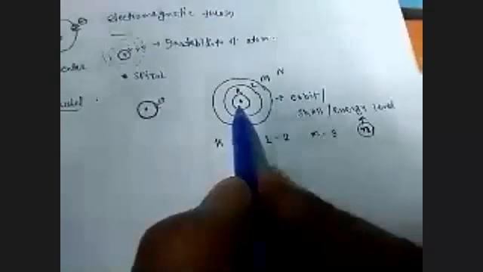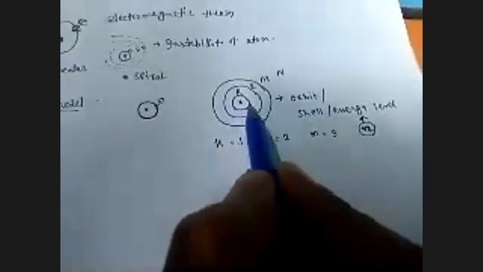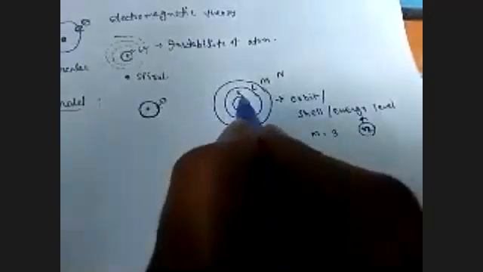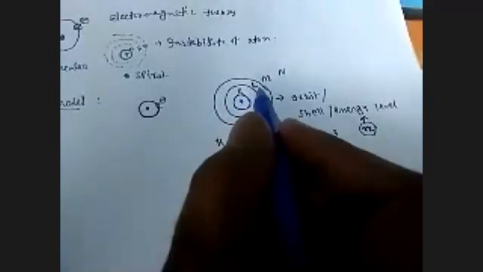Now he tells that the energy associated with the cell, that is the energy of this energy level, is different from its neighbors. That means the energy of the K cell is different from the energy of the L cell.